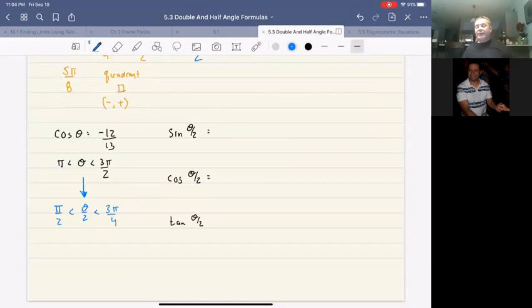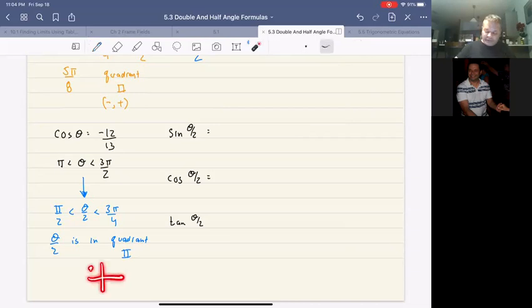What quadrant does theta over 2 live in? If you said the second quadrant, you were right. Second quadrant, remember, that's over here. So that means sine is positive, cosine is negative, and tangent is negative.